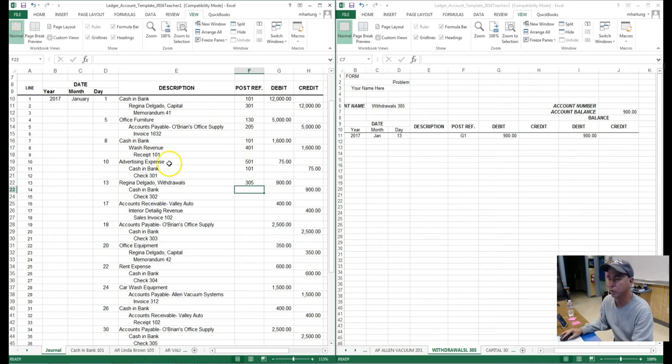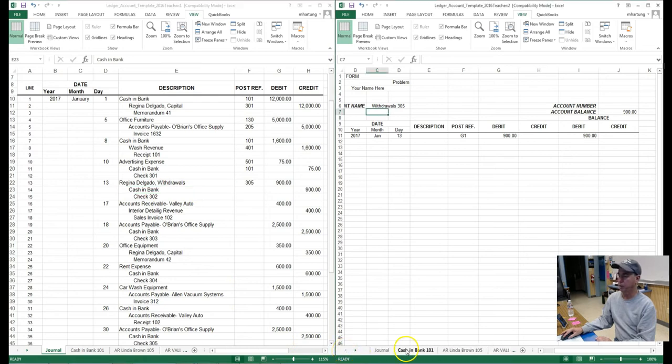and withdrawals is posted. Next up on the 13th is another entry to cash, because that's what we withdrew from this business. So we're going to go back to cash and post that.